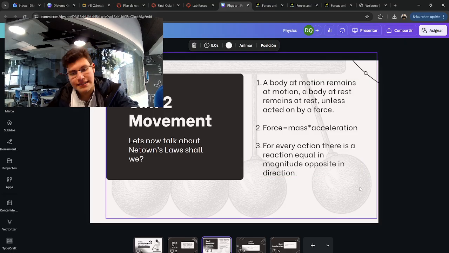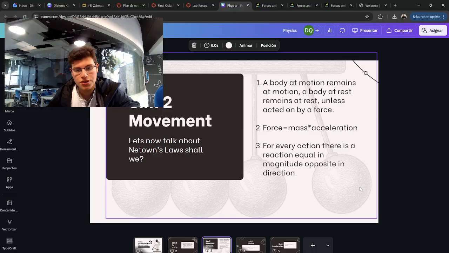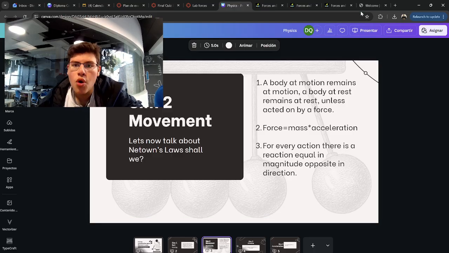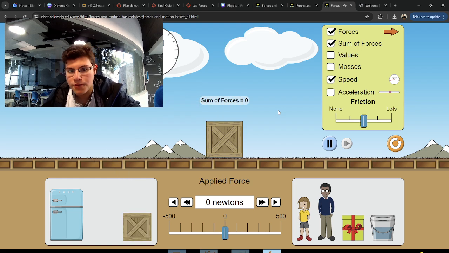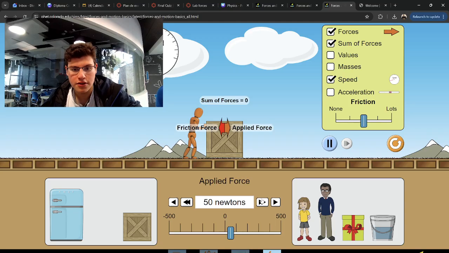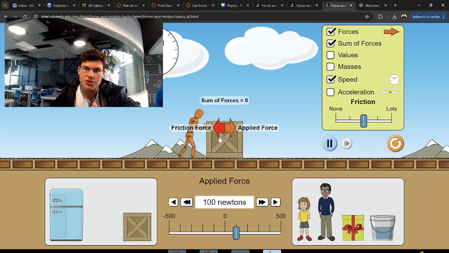And our last law of Newton states that for every action there is a reaction equal and opposite in direction, but the same in magnitude. What do we mean by this? For example, in this case, I'm pushing the object in one direction, and the object is also going to push me in the opposite direction, but with the same force.